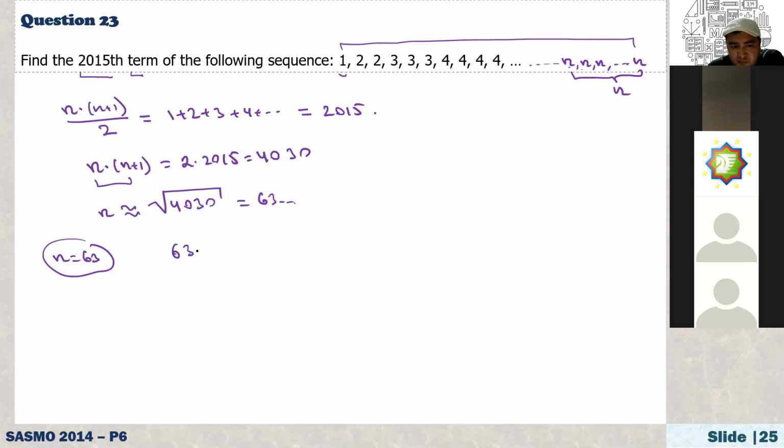Then here we have 63 times 64 over 2, the sum of the first 63 digits. That's equal to 63 times 32, which is 2016.